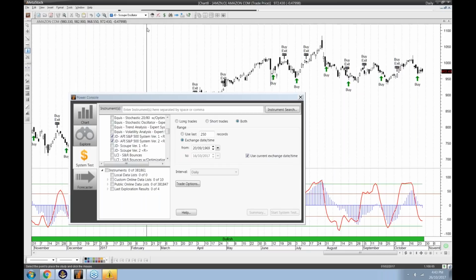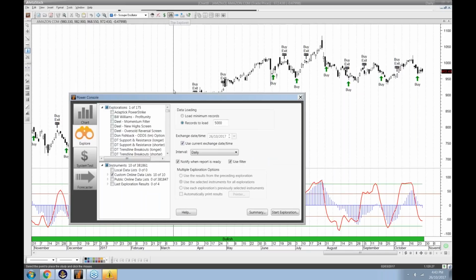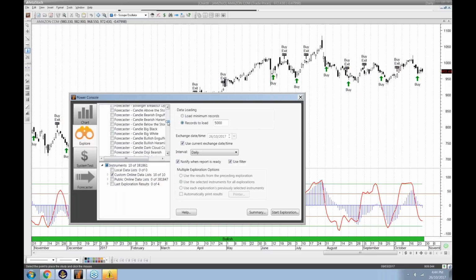Explorations as well. You can specify what stocks are meeting the system criteria. You can test for the diamond patterns. You can test for scoop below 0 with a histogram above 0.